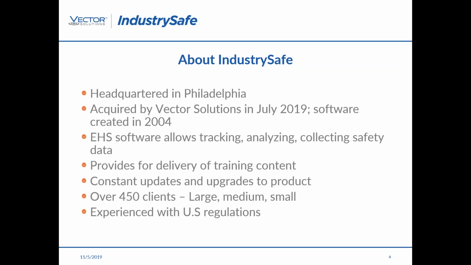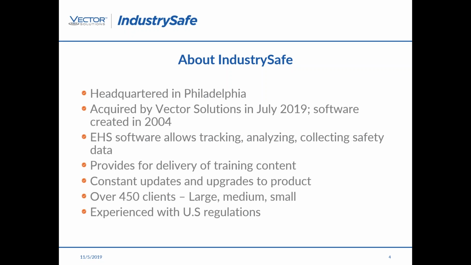So about Industry Safe, we are headquartered in Philadelphia. As I mentioned before, we're a safety management software that allows our customers to track, analyze, and collect a wide variety of safety data. That safety data includes both injury and illness data, as well as training data. We also have the ability to provide training content to our clients. And we were acquired by Vector Solutions in July of 2019.